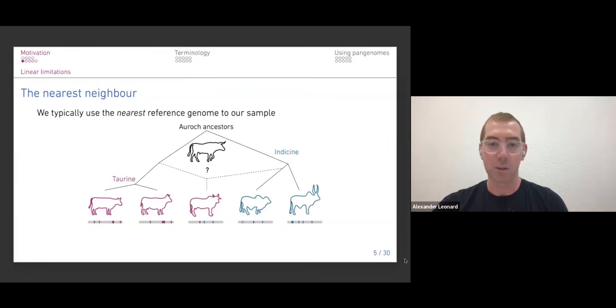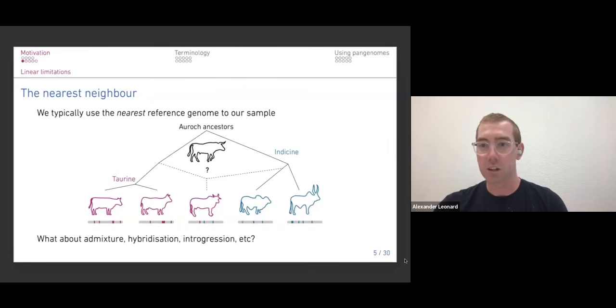There are many cases where there might be something like admixture, hybridization, introgression, whatever, where it has some sort of complex biological background. And there's no single way that we can say, okay, for this admixed sample we can use the taurine reference, because it contains sequence from a different breed or a different subspecies. And again, there's no single linear reference genome that we would ever find that would represent this other than the animal itself.